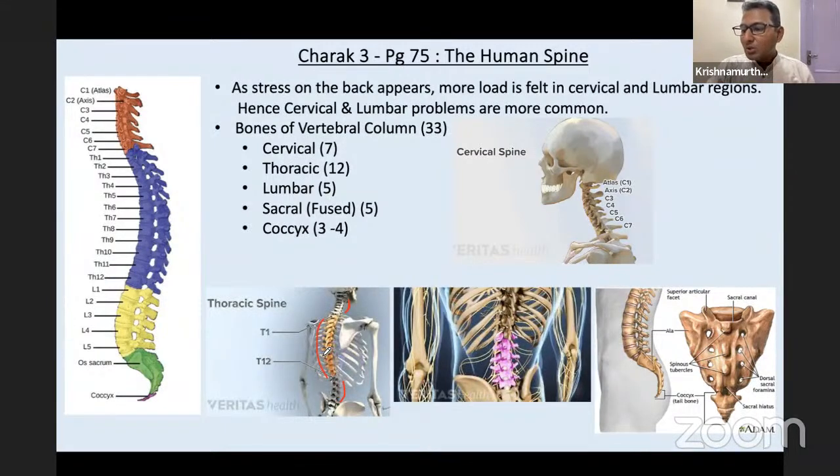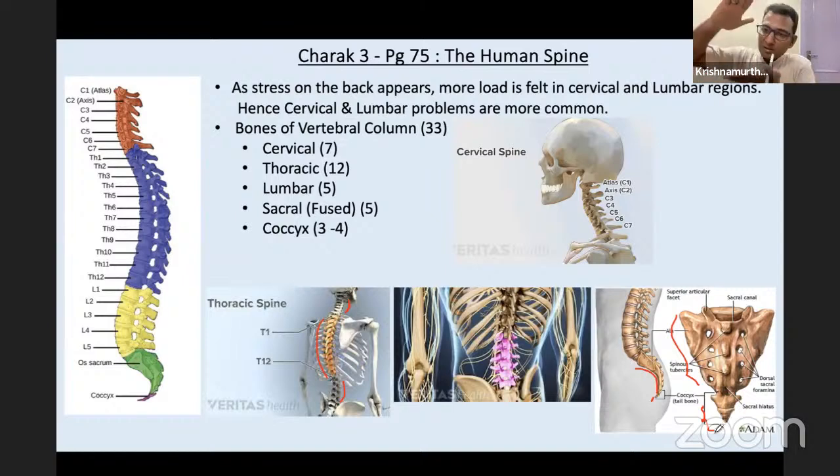This is the sacrum, and this last part is the coccyx. Even the sacrum is a fused bone, and the coccyx is a very small bone, not very strong.